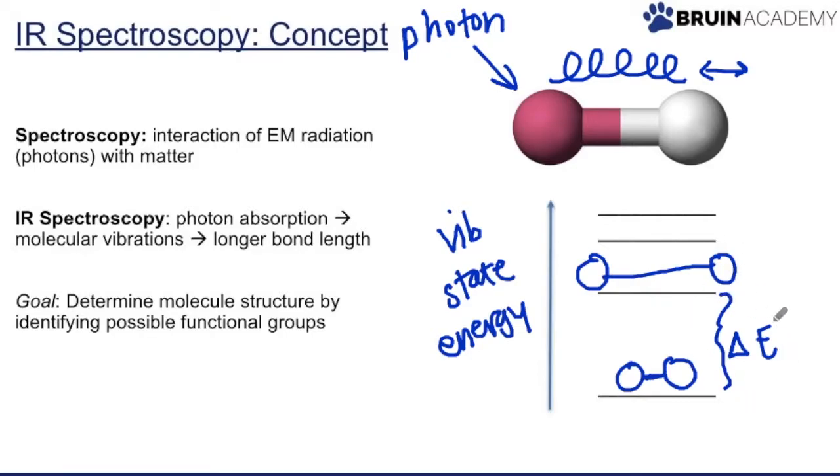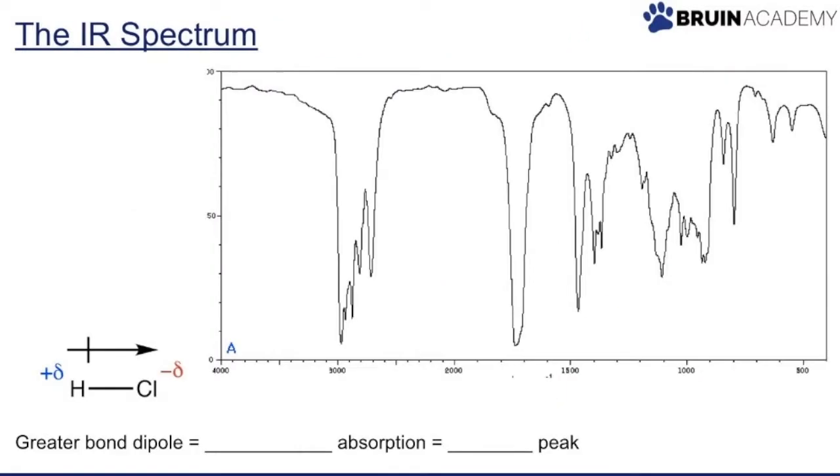And this delta E, the energy it takes to jump from the ground state to the excited state, is equal to the energy of the photon that gets absorbed by the molecule originally. So this is the basis behind how IR spectroscopy works. We basically try to determine the molecular structure by identifying these functional groups and how they vibrate, and it shows up in something called an IR spectrum.